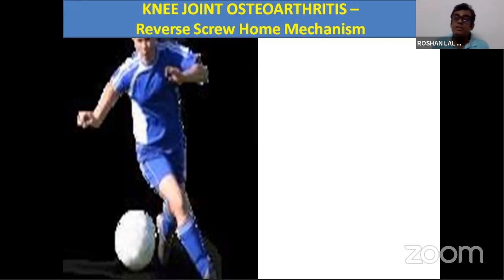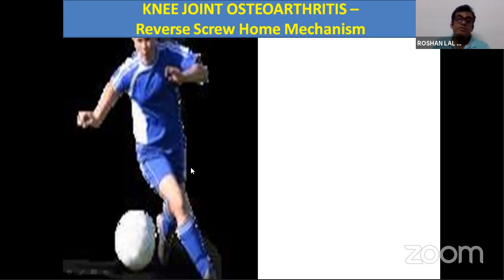When it does not rotate externally, the knee joint cannot be locked, or we cannot achieve full extension, which is essential during walking, because when we walk, there is full extension at the knee joint, and because of this, the ground reaction forces are equal to the body weight.